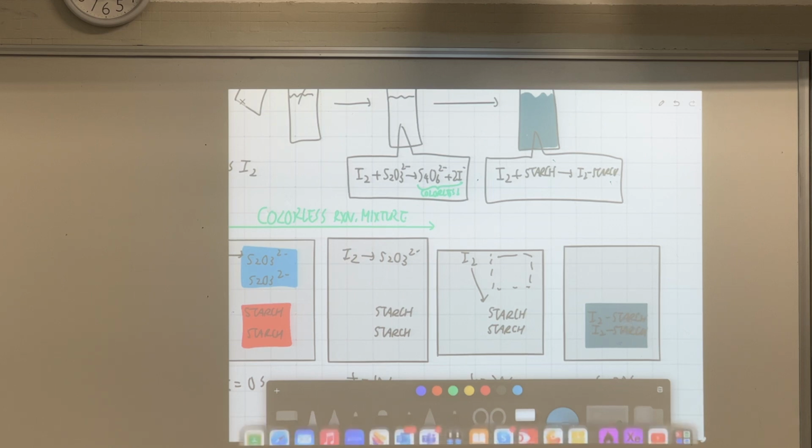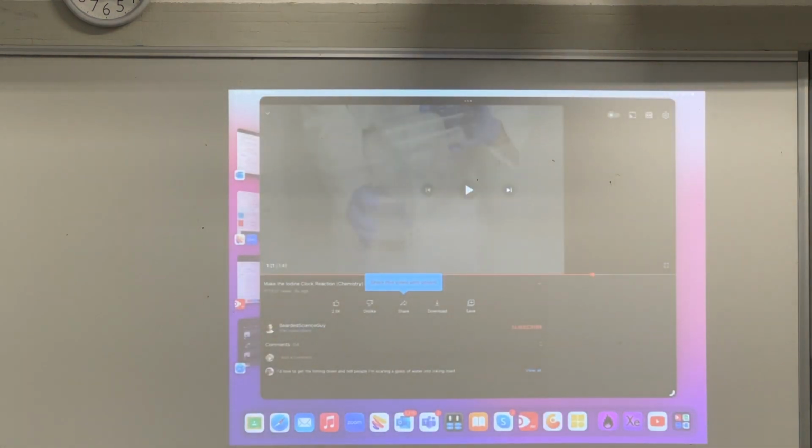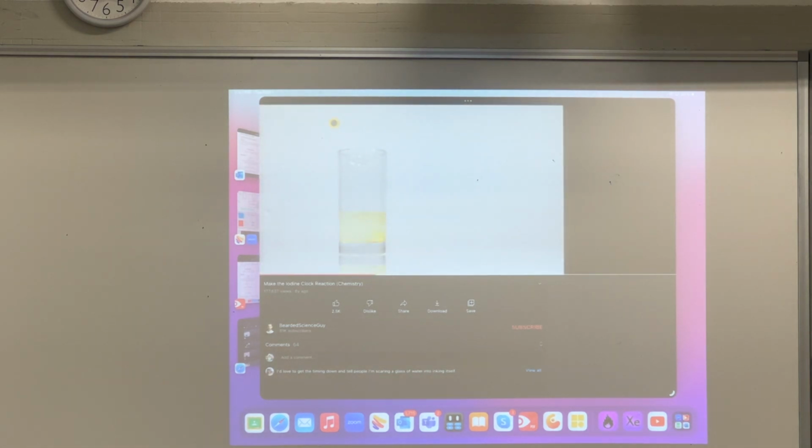So let me show you the video once again. When you go back to here, you see the experimenter is showing you how to prepare the reactants. So this is iodine, and I think this is H2O2. Initially he is mixing it, and this will be the other solution like KI.